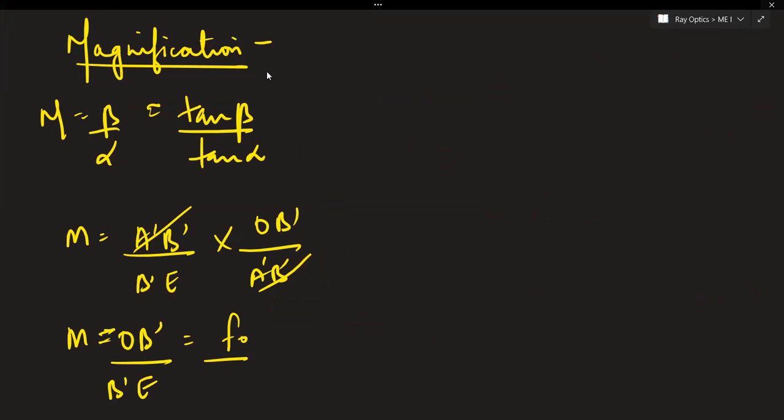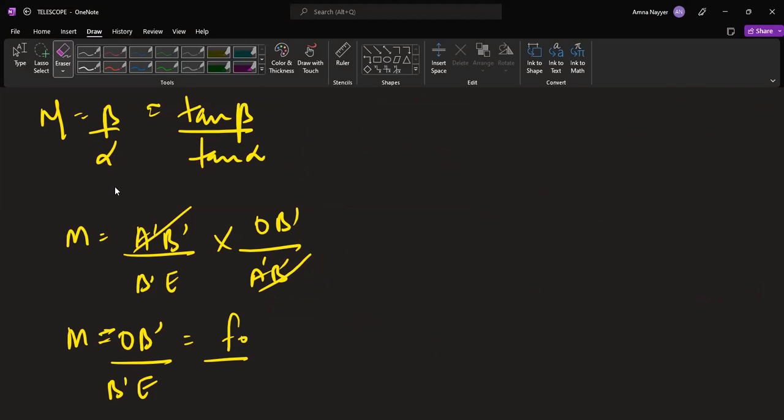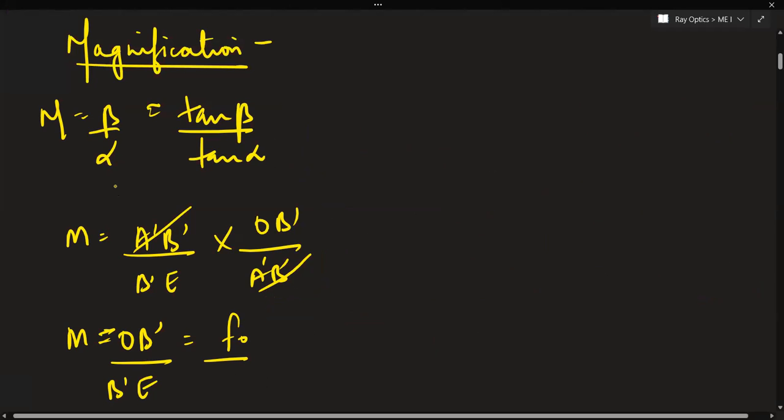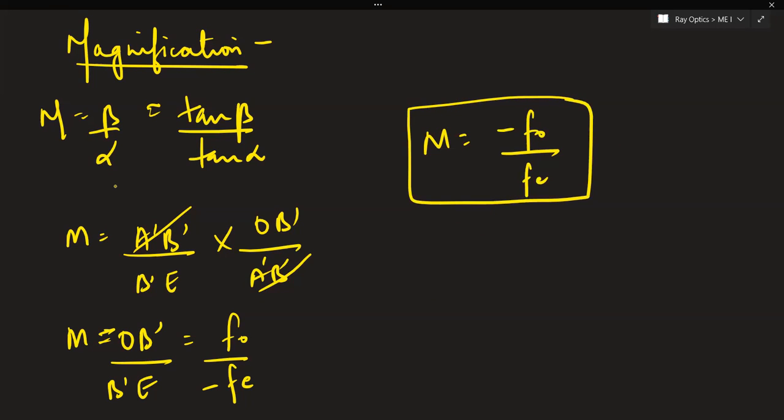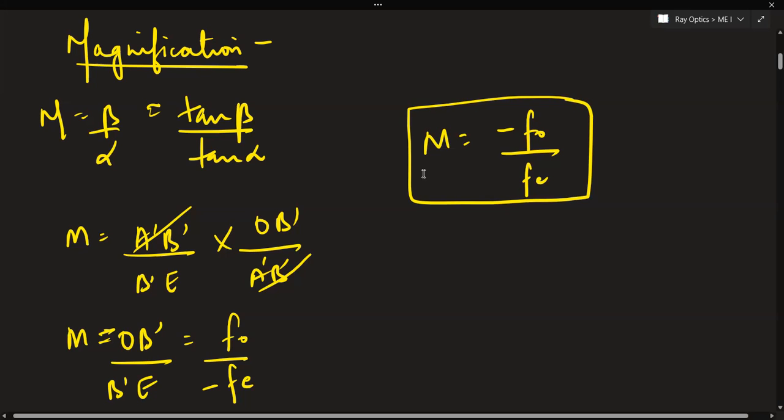It's just that B dash E in this case is different. B dash E is now minus FE. So your magnification becomes minus F naught by FE. This is just the difference that will come. Earlier we had 1 plus FE by D, no? That whole term is not present right now. You just have this term. Fine, note down this point, then we'll complete Prism.